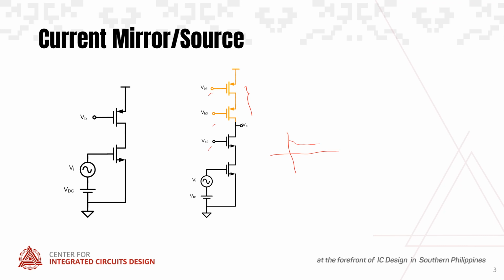At isang challenge pa nila is, have you remembered the drain current equation? 1/2 mu n Cox W/L (VGS minus VT) squared. This drain current equation here, assuming we don't consider the channel length modulation. As you can see, this VT here and this mu n are temperature dependent.